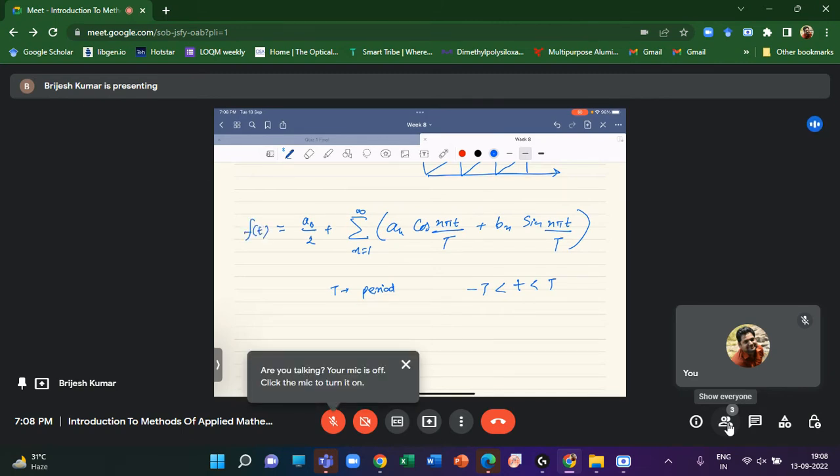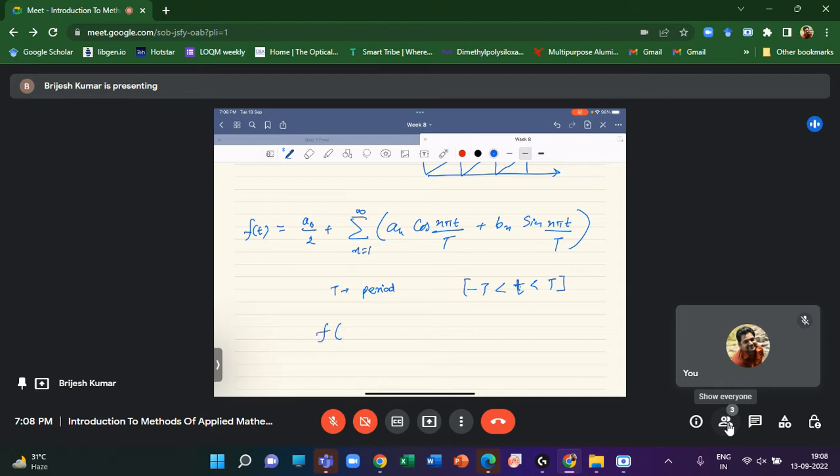Okay, so if some function is defined in the interval minus T to T, then f of minus T is the limit of f(t) where t tends to minus T. Or we can say for t greater than T, this function is defined.